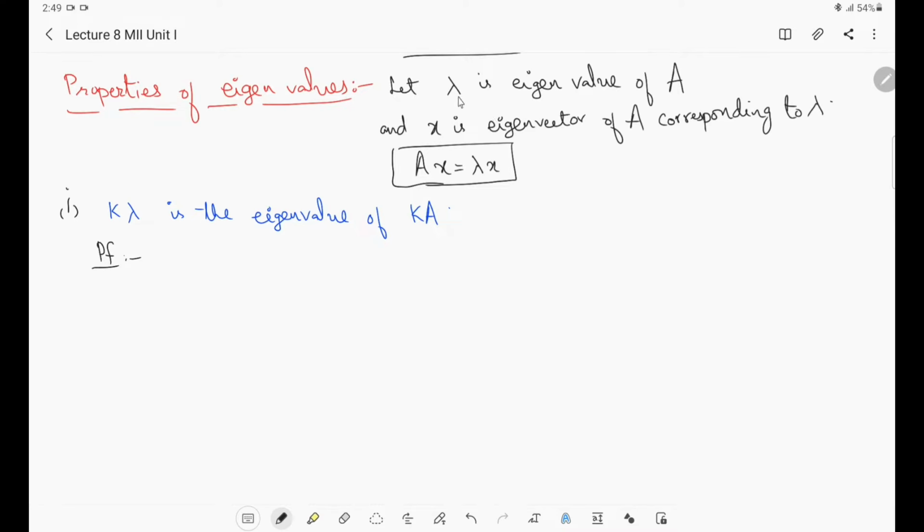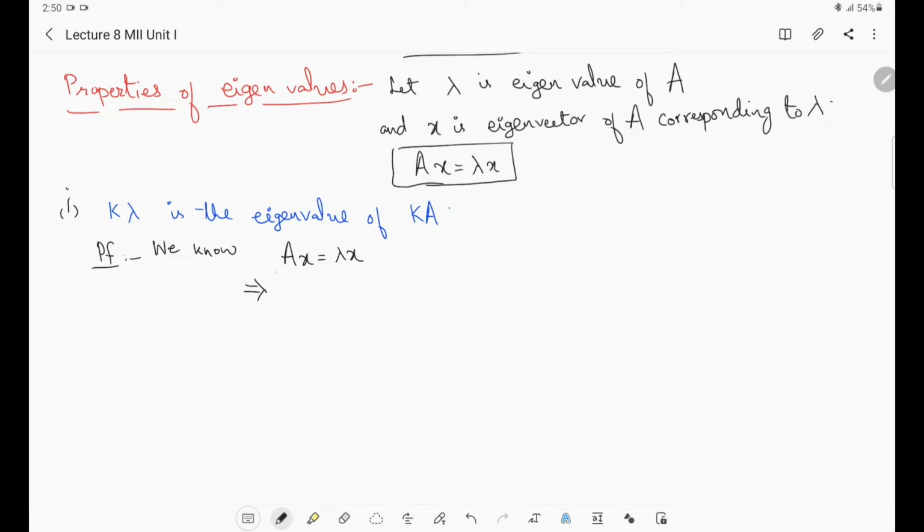If lambda is the eigenvalue of A and x is the eigenvector of A corresponding to the eigenvalue lambda, then this first property says that k lambda is the eigenvalue of kA. First, we already know Ax equals lambda x. Why am I writing this? Because lambda is the eigenvalue of A and x is the corresponding eigenvector, so Ax will always equal lambda x.